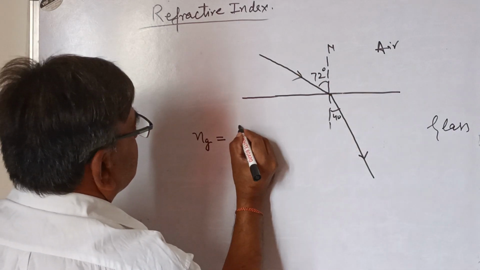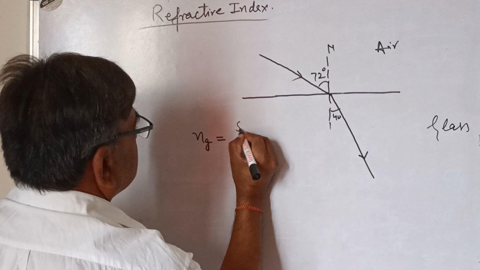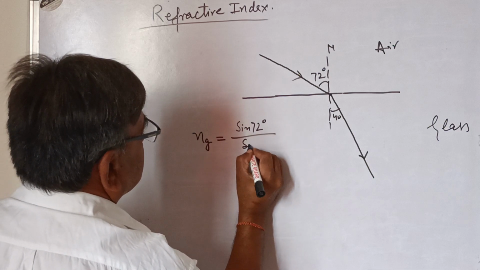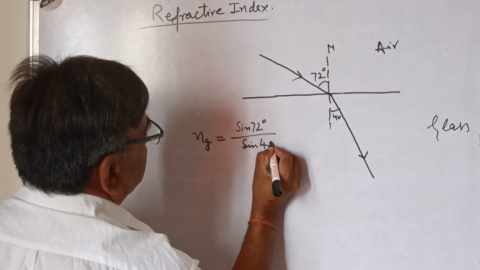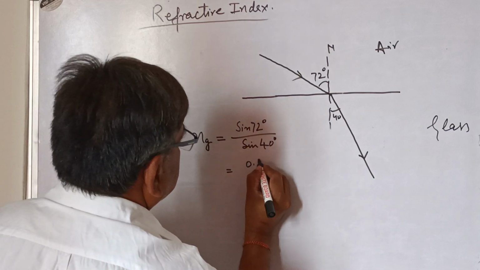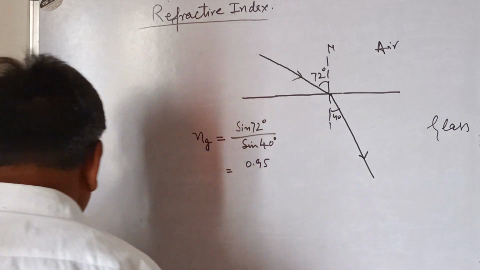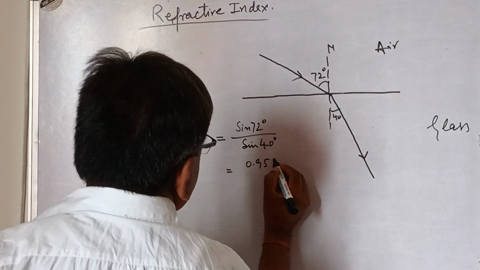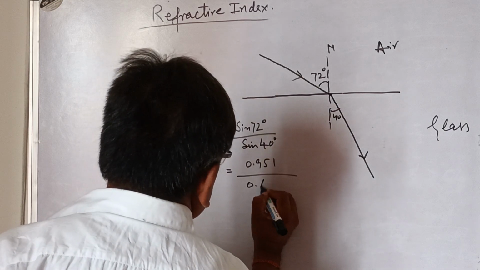So this is velocity, this is sine 72 degree divided by sine 40 degree. The values are given: 0.951, and it is given 0.642.